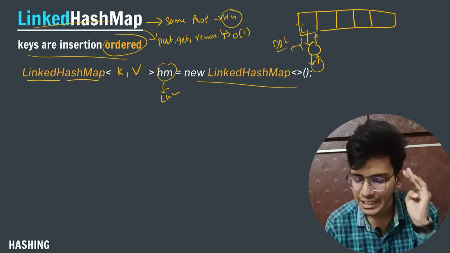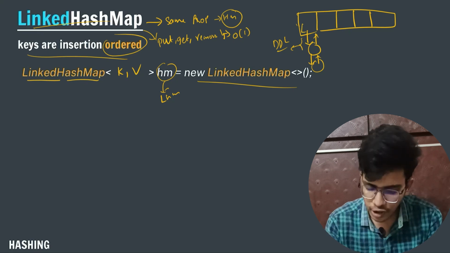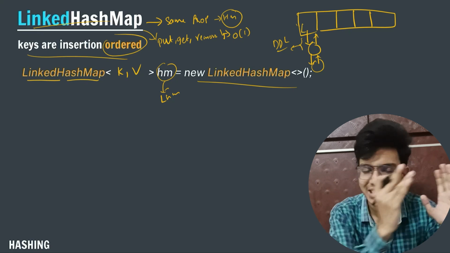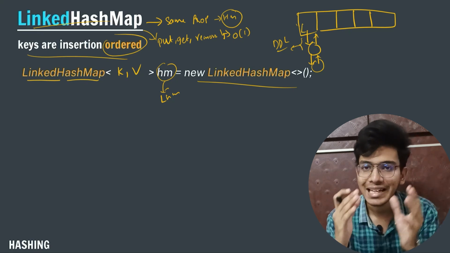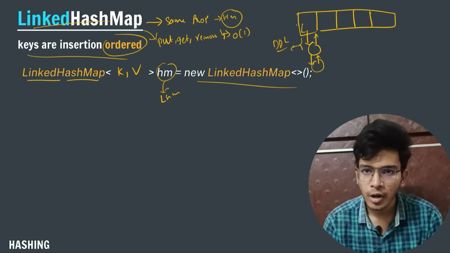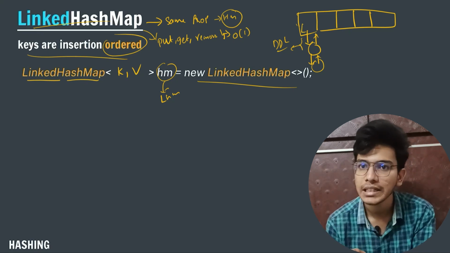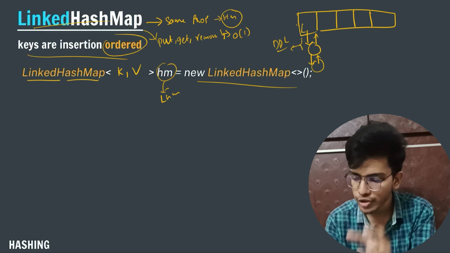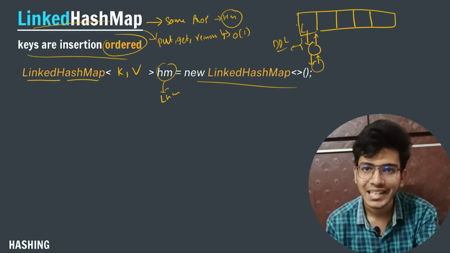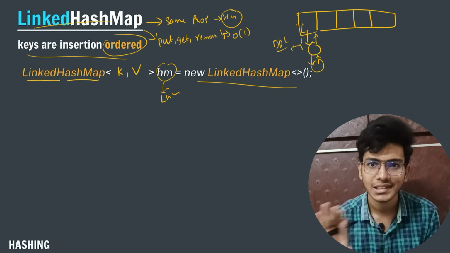The only difference to keep in mind is that a hash map is implemented using arrays of linked lists with a singly linked list, whereas a linked hash map uses the same concept but with a doubly linked list, and because of the doubly linked list, the keys are inserted in an ordered fashion. This is the only difference.